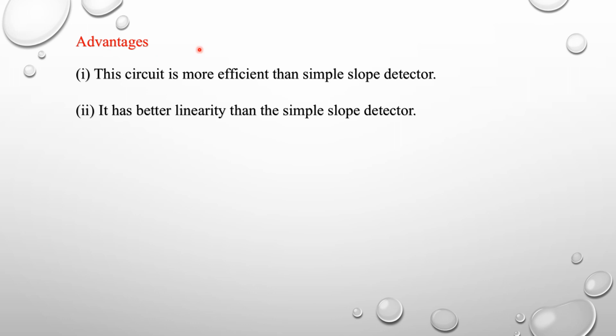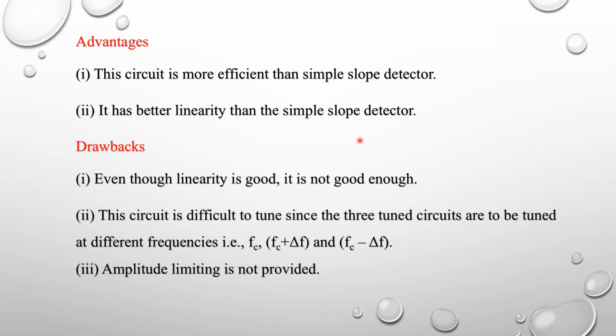Advantages of the balanced FM slope detector are: this circuit is more efficient than the simple slope detector. It has better linearity than the simple slope detector. The main drawbacks of the balanced FM slope detector are: even though linearity is good, it is not good enough.